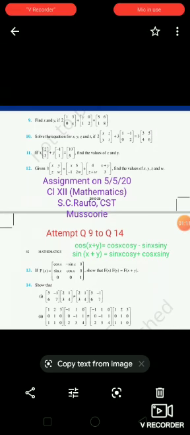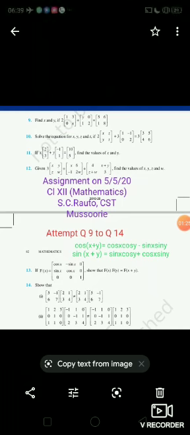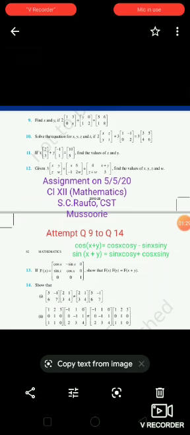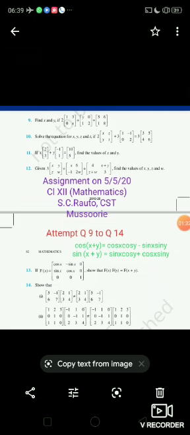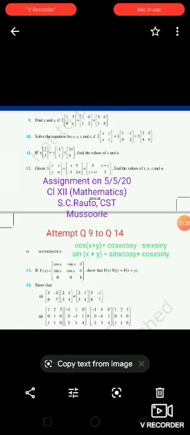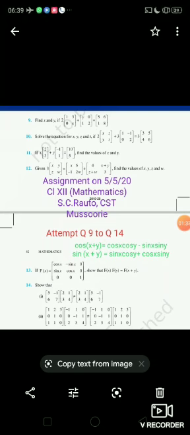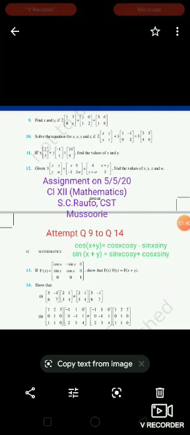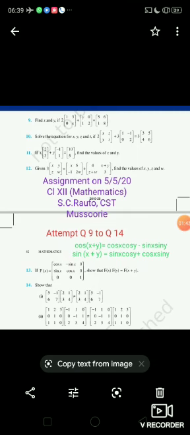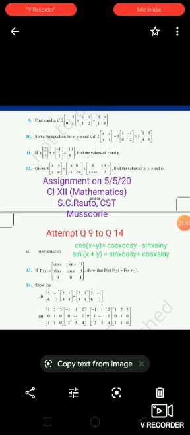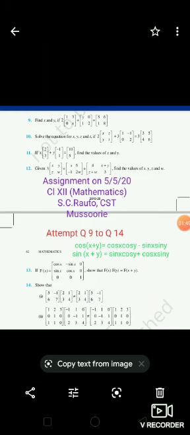Addition and subtraction of matrices, the condition being they need to be of the same order, and then multiplication of matrices. If A and B have to be multiplied, then the columns of the first matrix must be equal to the rows of the second matrix, and the product order also we have come to know. So these are all about whatever we have learned in earlier classes.